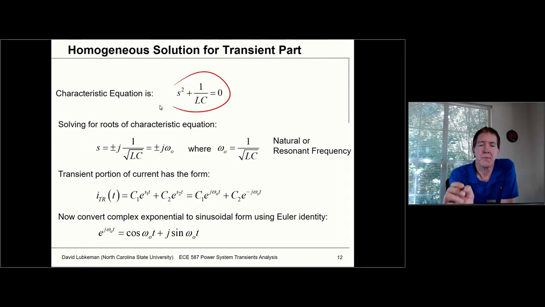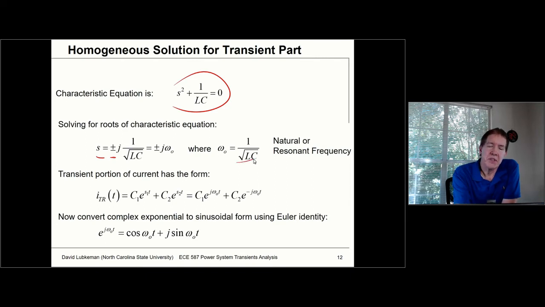We need to solve for the roots. If I move the 1 over LC to the opposite side of the equation, we're going to get a solution that is imaginary. S in this case is plus or minus J times 1 over the square root of LC.